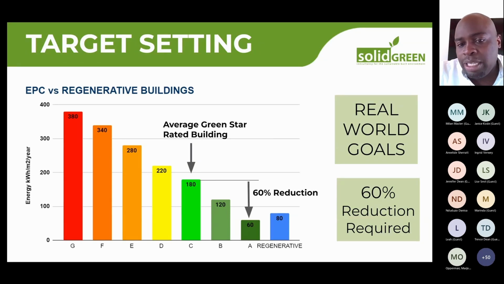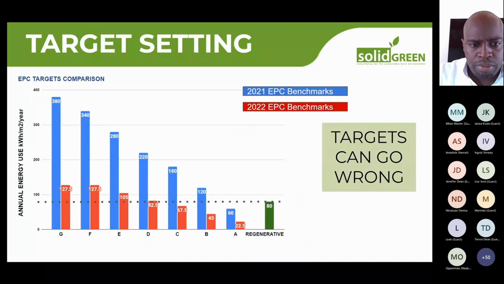And so a 60% reduction in overall energy use is quite significant. And then also your targets, and Francois alluded to it with the EPC benchmarks, is that if your target setting is unrealistic, then it makes people not have faith within the process.